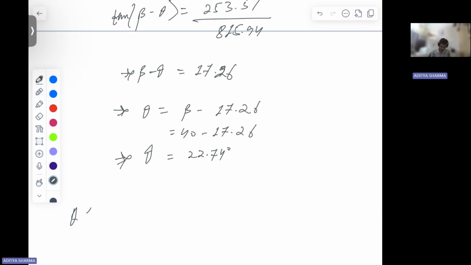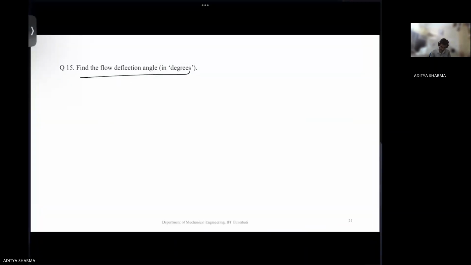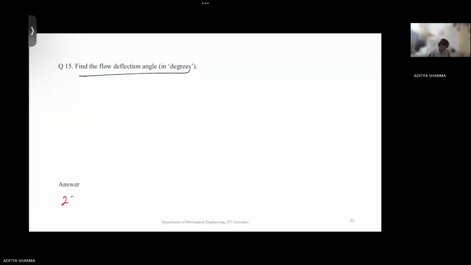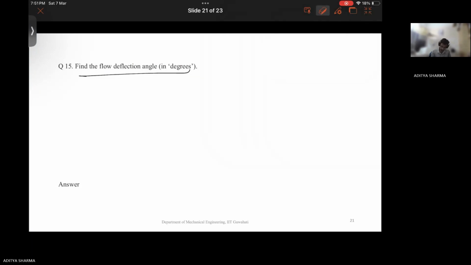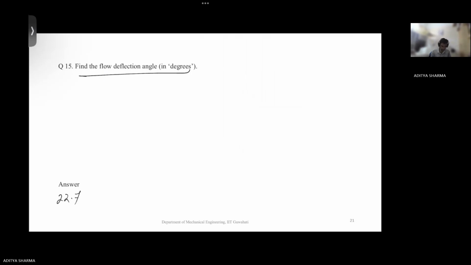Then the last question. Find the velocity at the downstream of the flow. At the downstream of the flow, we need to find out the velocity.